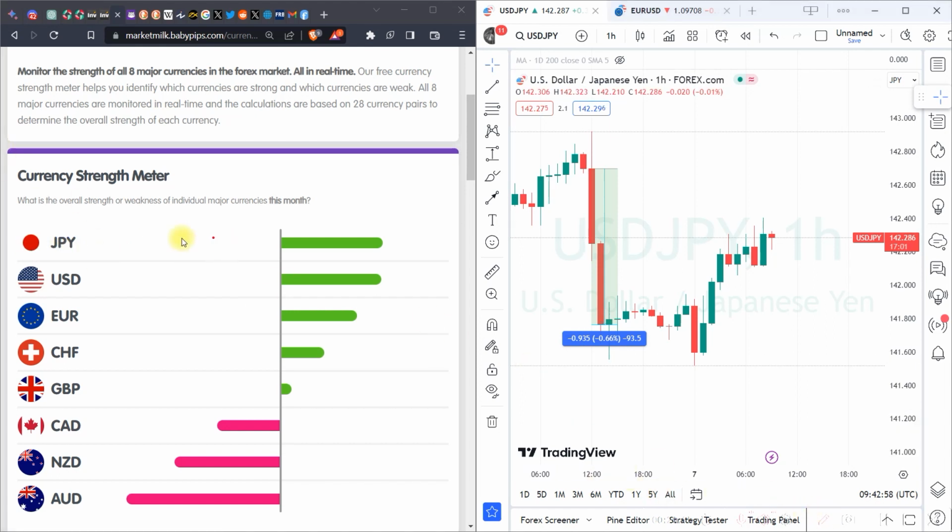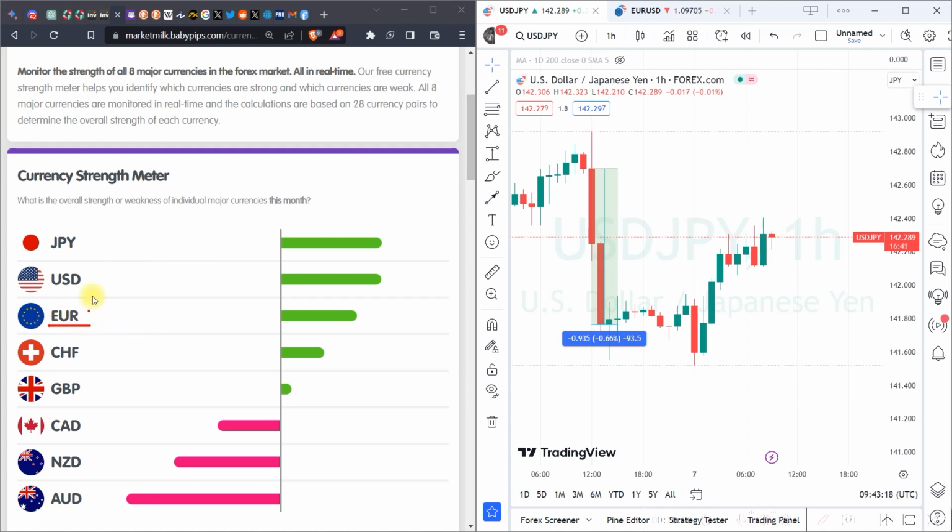So if you're expecting weakness in the dollar, and the JPY is strong and the euro is also strong, there will be a bigger move on the Japanese yen than on the euro pair, because the yen is the stronger one.